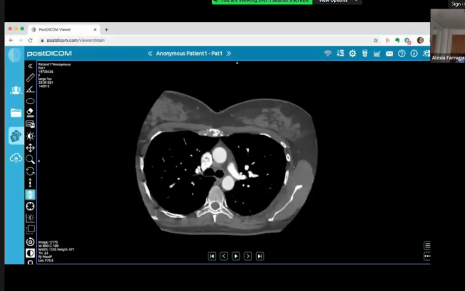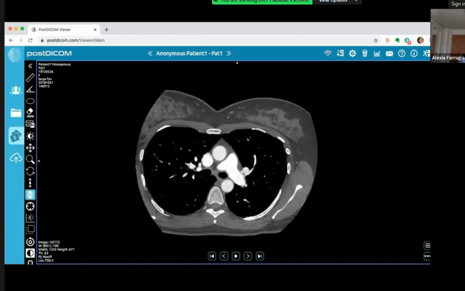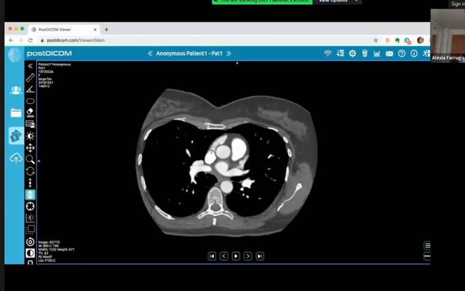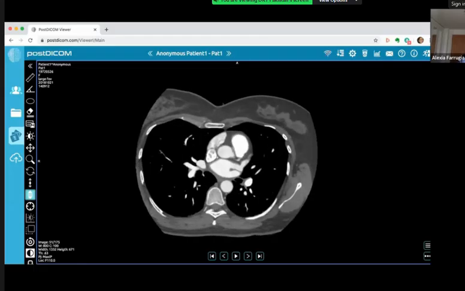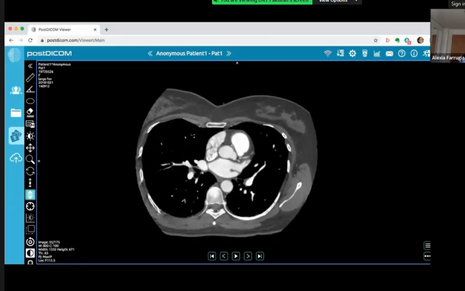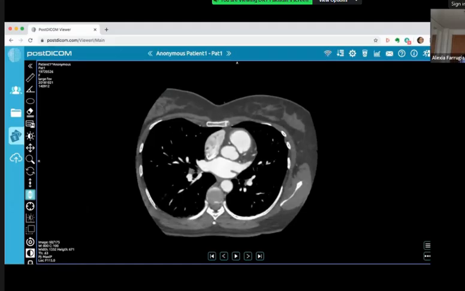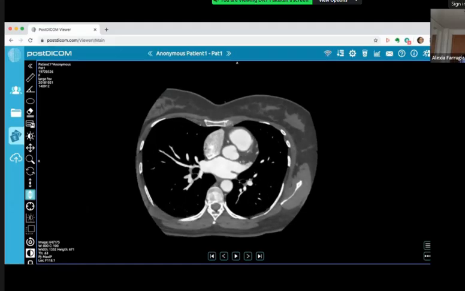Okay? Yep. So have a look, focus on the coronaries, and then I will scroll again and you can start to describe what you see. She's 48.